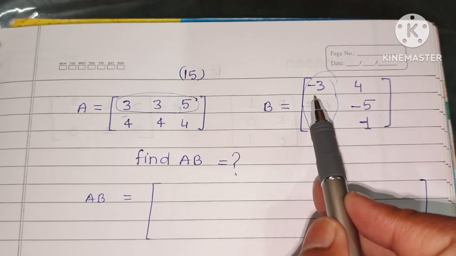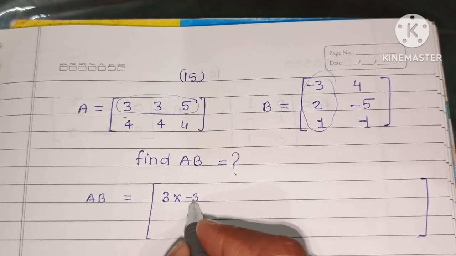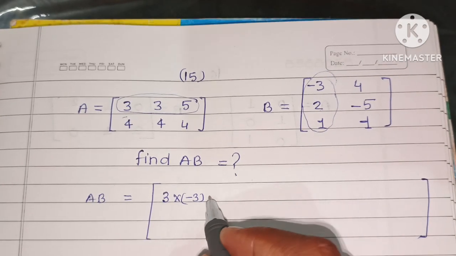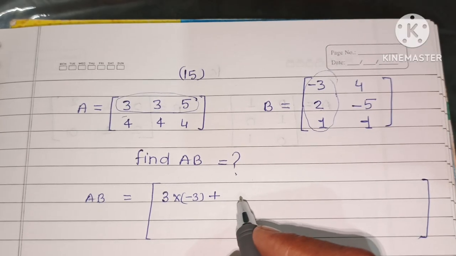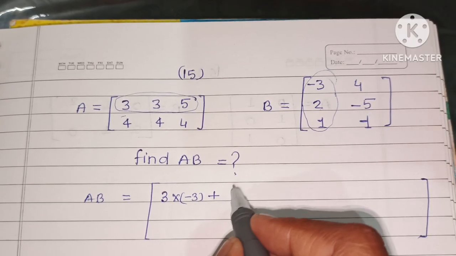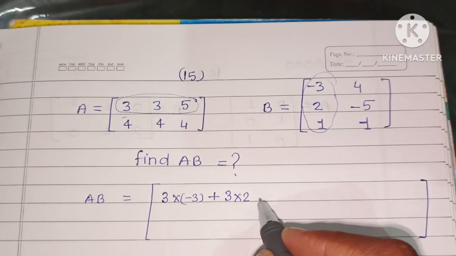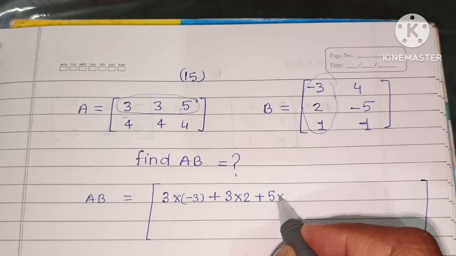Three multiplied by minus 3, so 3 into minus 3, 3 multiplied by 2 plus 3 into 2 plus 5 into 1.